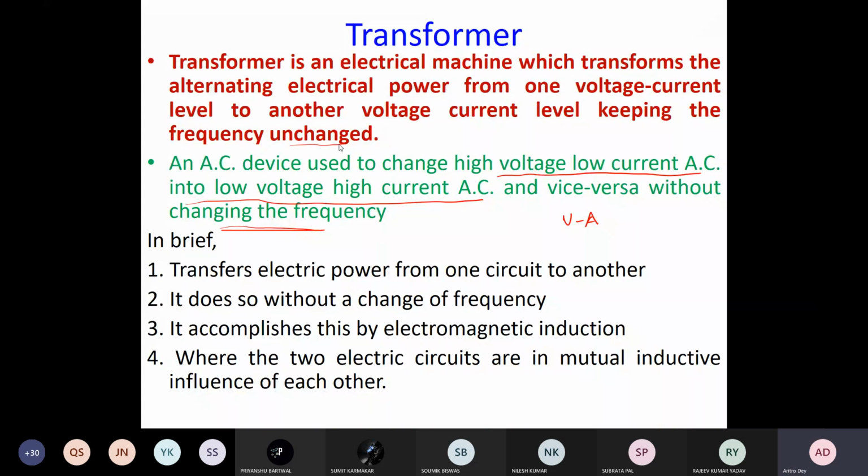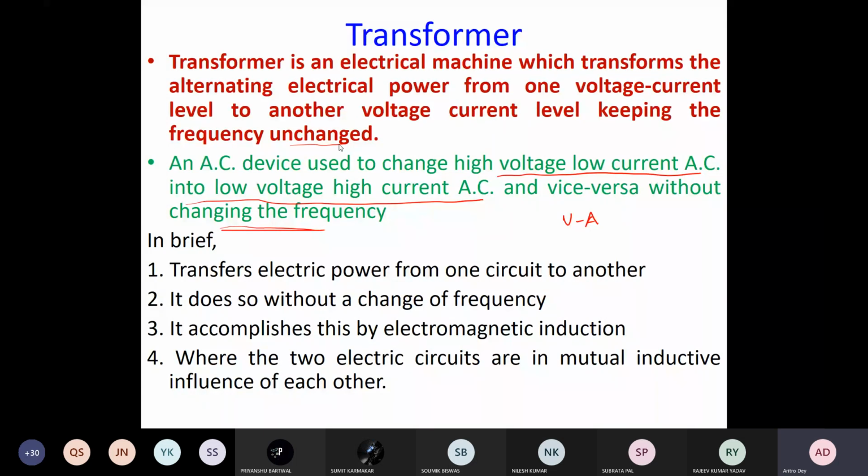So it transfers electric power from one circuit to another. It does not change the frequency. It carries out this stepping up and down of voltage and current levels from the source by the principle of electromagnetic induction, and this is how the two circuits are isolated.